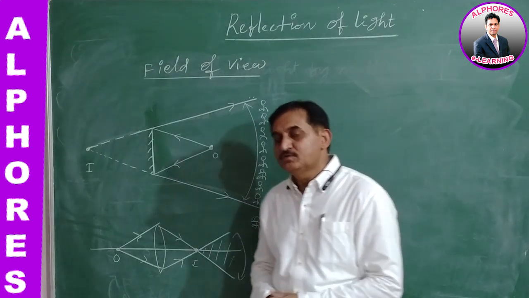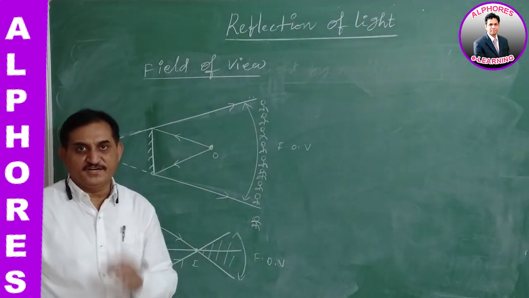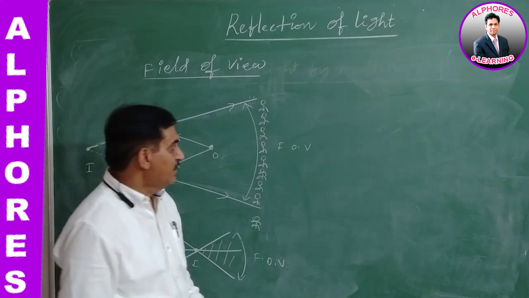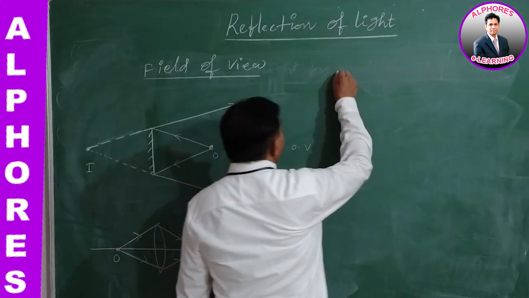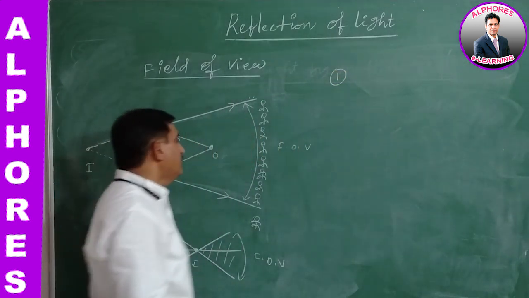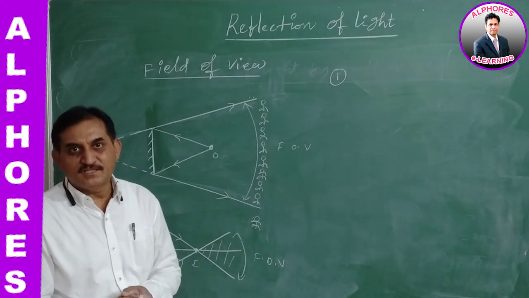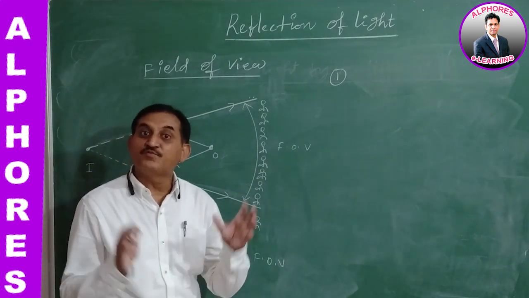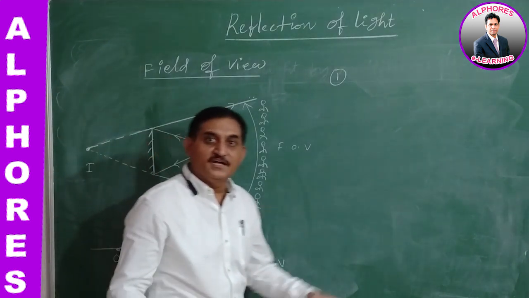But there are two specified, focused points. I would remind you of those points. Point number 1: the field of view range is decided by the extreme reflected and refracted light rays. Keep in mind, who decides the boundary, the region?